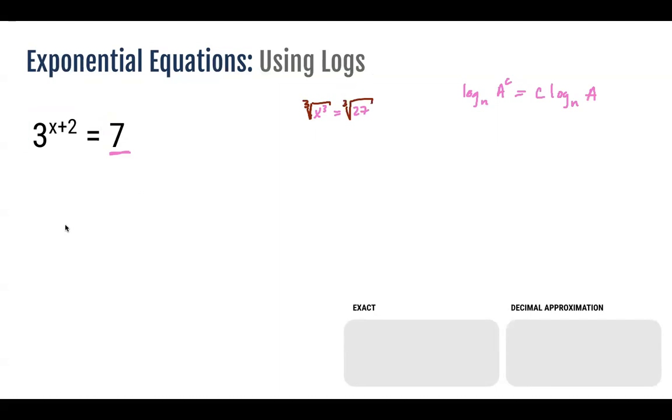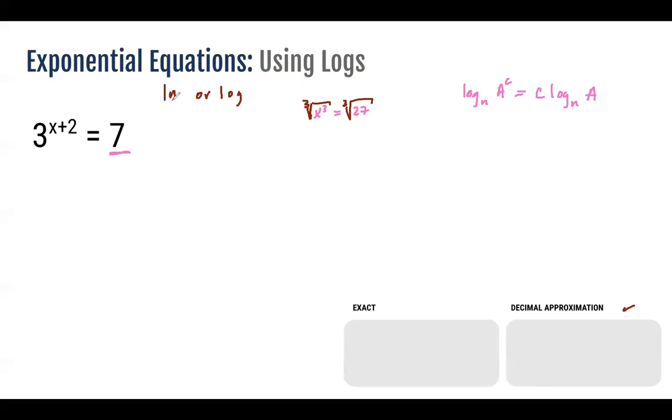So one way to go here is to get a logarithm, and you can basically use any base, but we're going to go for the natural logarithm or the common logarithm, so we can use our calculator in order to find the decimal approximation of x.